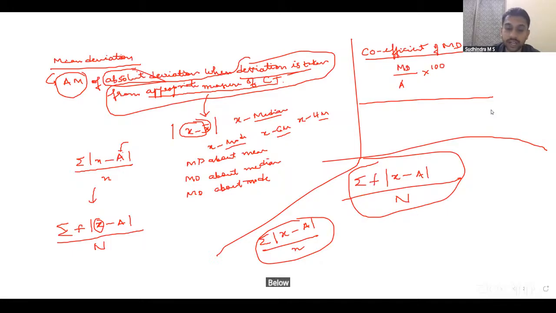If A is the arithmetic mean, then we consider it as mean deviation about mean.